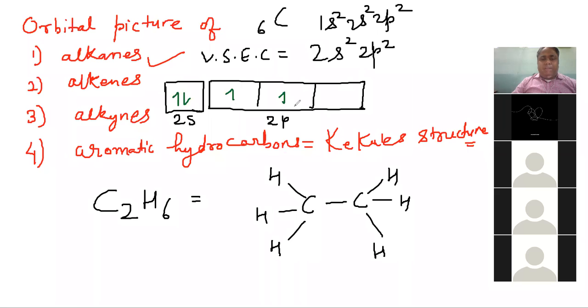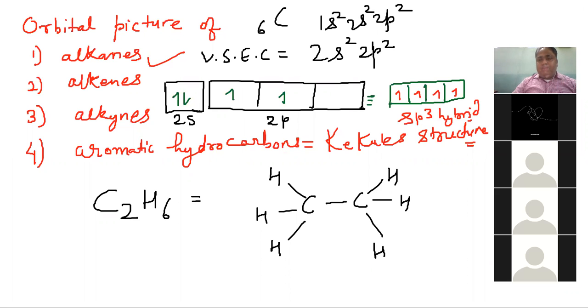So what happens when they hybridize? They mix up together, and the electrons redistribute themselves, and it forms sp3 hybrid orbitals.